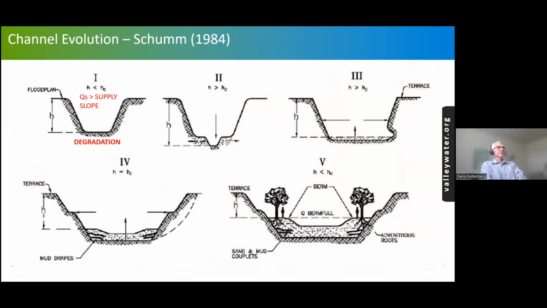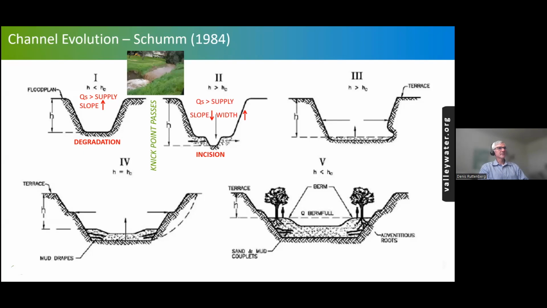This is another evolution model by Shum. If we start with a channel that's degraded and eroding, and you say the slope is increasing, you have a nick point passing through, you're going to see a channel that experiences incision. It's going to start down cutting. And then over time, the channel will most likely widen.